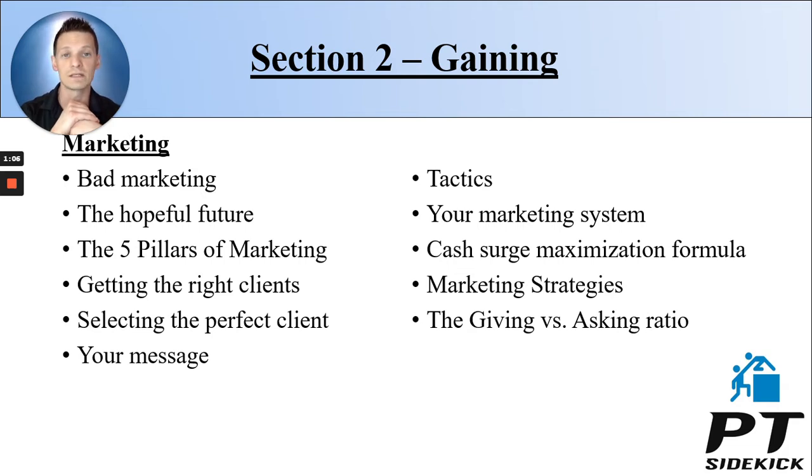Getting the right clients, selecting the perfect client, what your message should be to attract in your people. What are some different tactics that you can utilize to get your people coming in? Your marketing system. What is a cash surge maximization formula? Some different marketing strategies so that you can utilize a bunch of different tools at your disposal. And then the giving versus asking ratio.